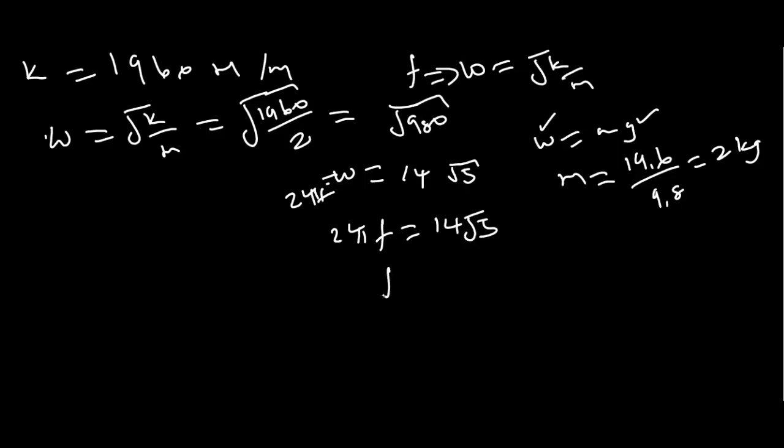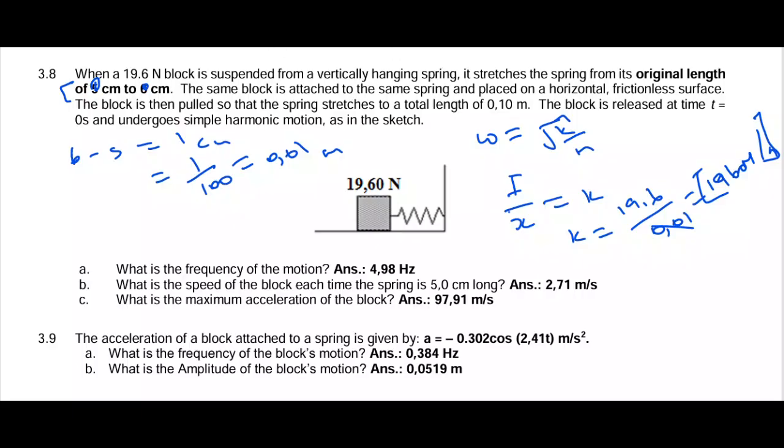So the frequency is going to be 14 root 5 divided by 2 pi, and let's use the calculator there, which is going to be 4.9823 hertz.